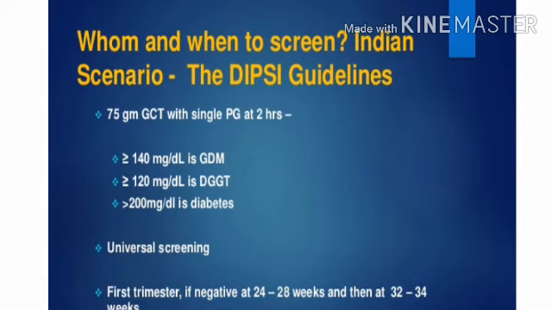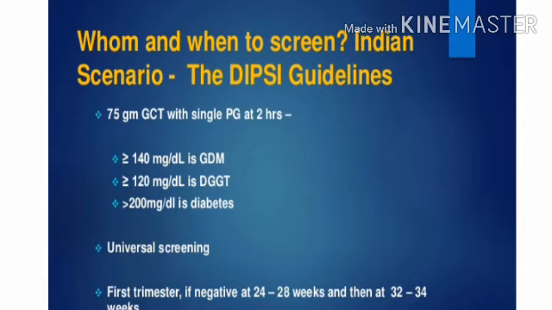According to this criteria, 75 gram of glucose is taken and blood glucose level is monitored after 2 hours.